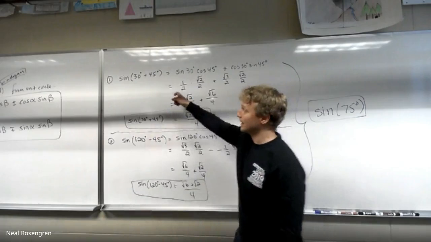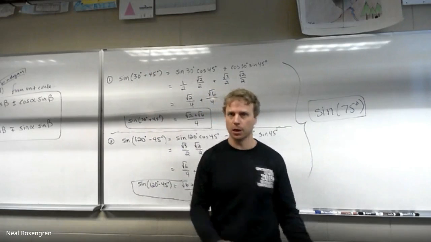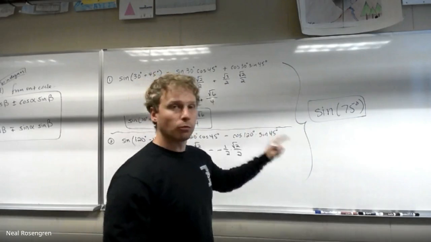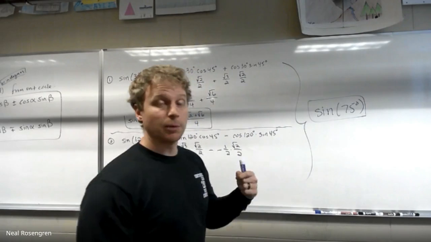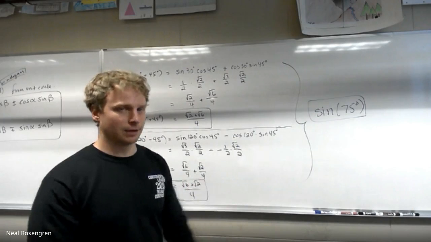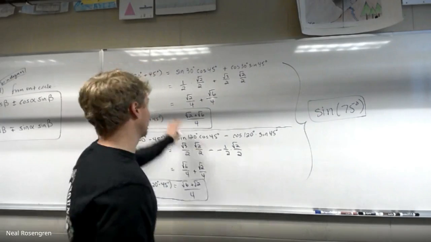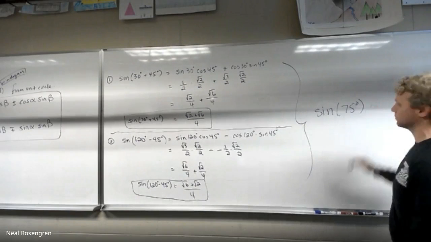They're not going to give it to us usually broken apart as a sum or difference. They're going to write it as a single angle. And it's going to be up to us to figure out an alpha and a beta that we can write separately. So I'm going to make this leap. Okay, find the sine of 75 degrees.